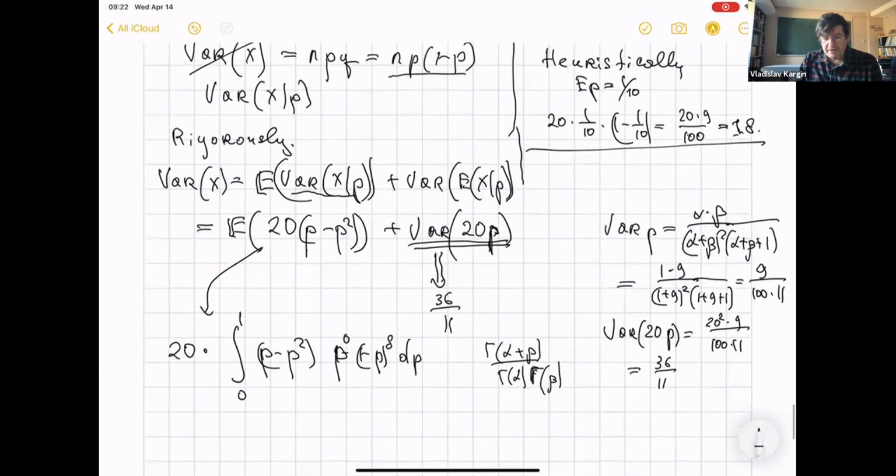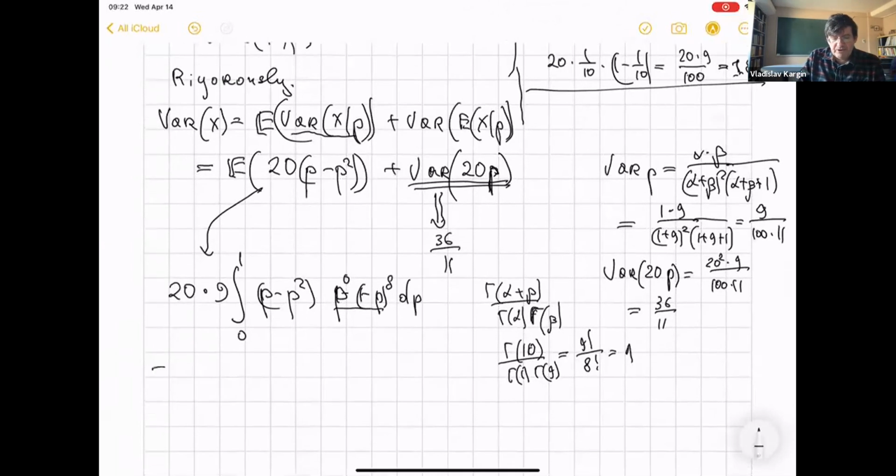In our case, it's gamma of 10 divided by gamma of 1 gamma of 9. So it's equal to 9 factorial divided by 8 factorial, so it's equal to 9. So here we also need to multiply by 9 because this is a constant in the beta density.